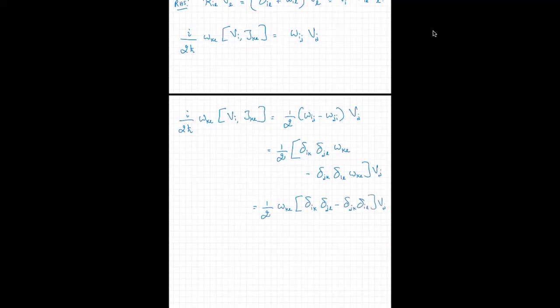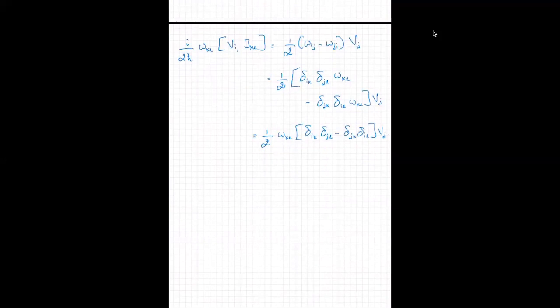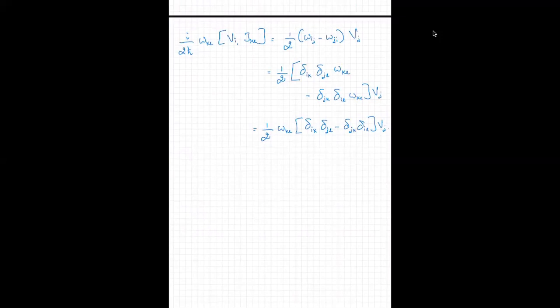Now if I look at the left hand side and the right hand side, I have an omega KL out in the front. So if omega KL is arbitrary, the equation has to be true for any value of omega KL. So I can simply equate the coefficient of omega KL on the left and the right, and the two cancels.